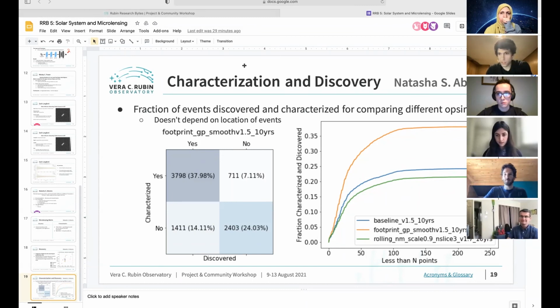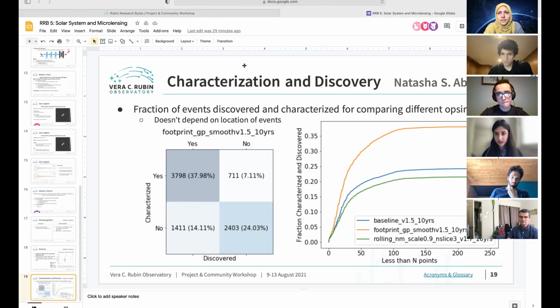I guess I'll start with one for Natasha. How many microlensing events total do we expect to see with the LSST in Rubin? So that's an interesting question. It's highly dependent on which OPSIM ends up being chosen. Or rather, in this explanation, we're just comparing different OPSIMs.